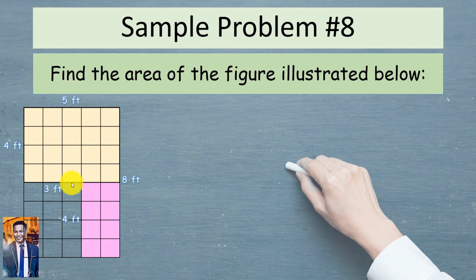So, 3 hanggang dito siya. So, therefore, kung ito 3 at yung buong ito ay 5, so we can subtract 5 minus 3 para matira ito, itong part na ito, which is parehas naman dito sa ating base. That is equal to 2 feet. Okay, so buo na yung dimensions natin.